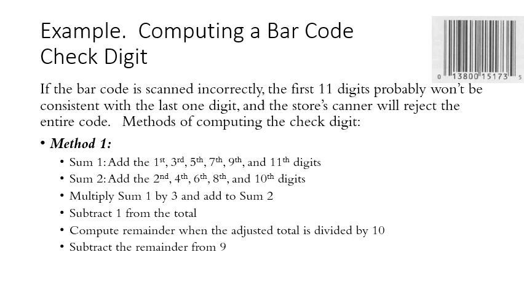The result of sum 1, the first, third, fifth, seventh, ninth, and 11th digits, will be multiplied by 3 and then added to sum 2. Next, we subtract 1 from the total, and then compute the remainder when the adjusted total is divided by 10. Lastly, we subtract the remainder from 9.